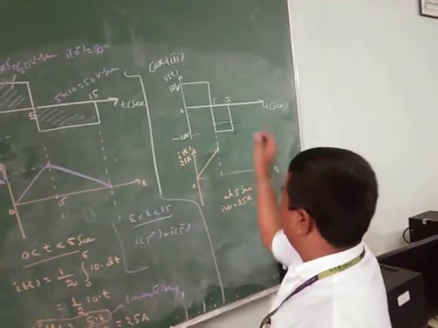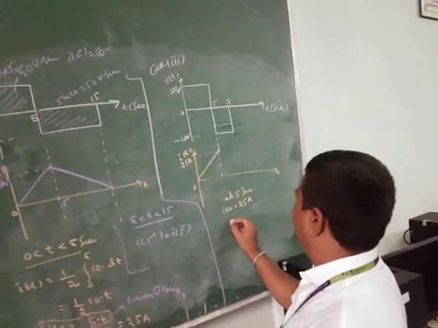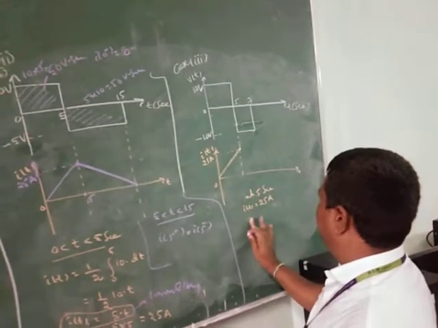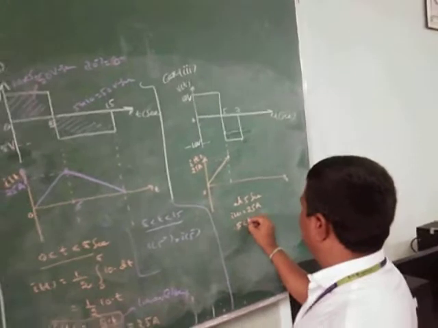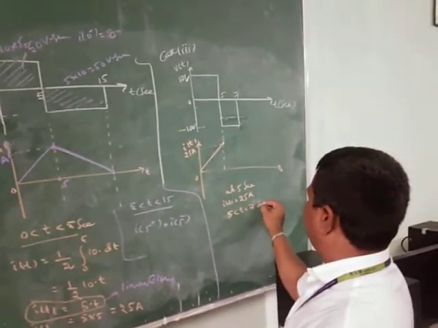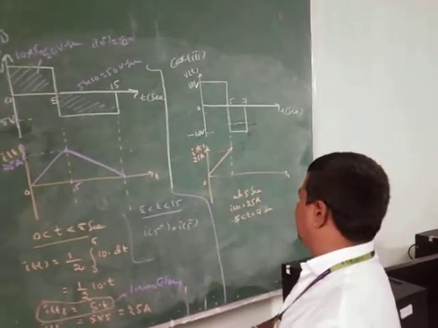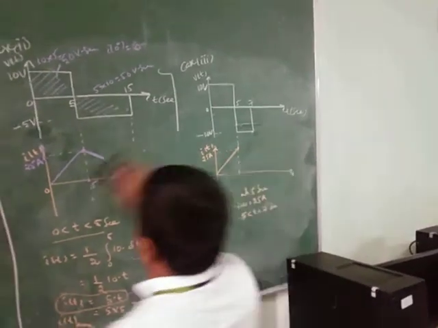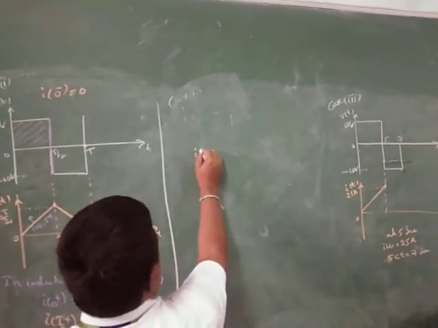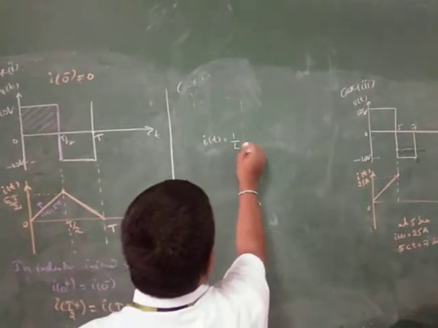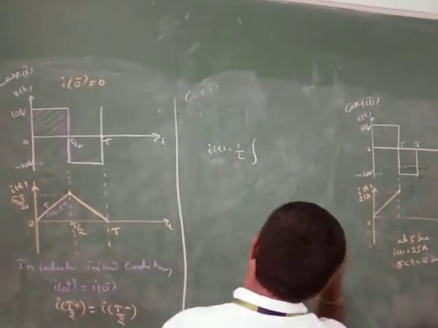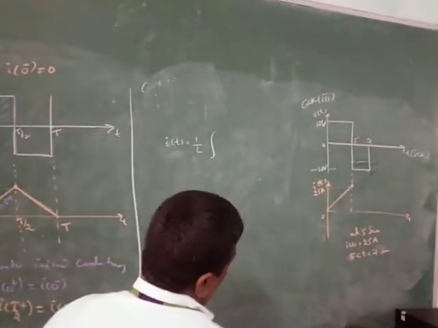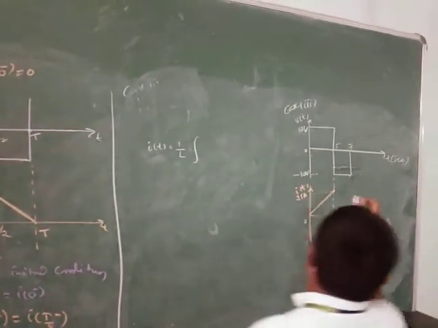Now consider this case: 5 less than t less than 7 seconds. To calculate the current, I of t is equal to 1 by L integral.